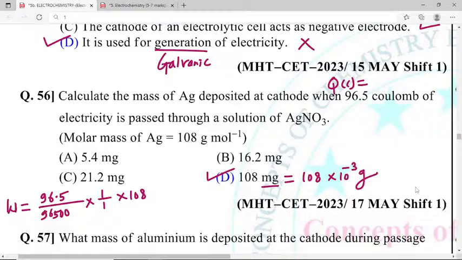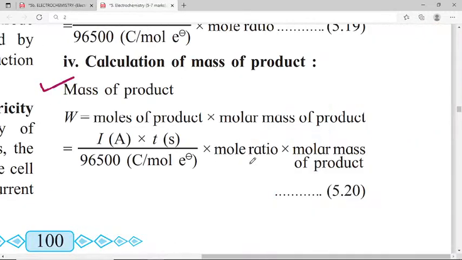Please check problem number 56. Are you getting milligram? Milligram is your option, but milligram is 10 to the power minus 3 gram. I am using the formula: current in ampere, time in second, all together given as coulombs.